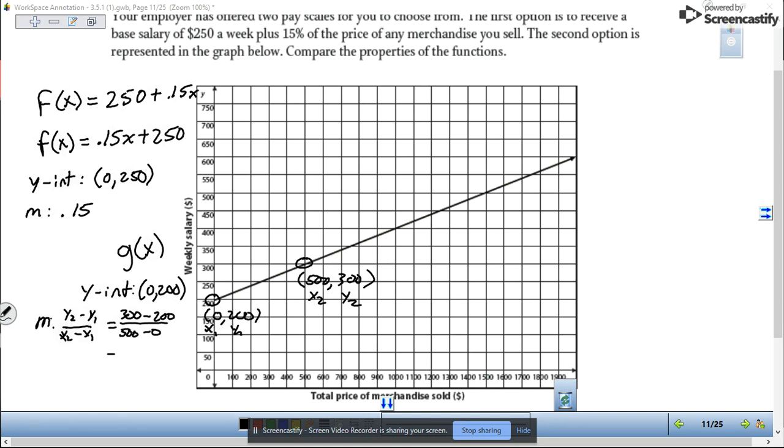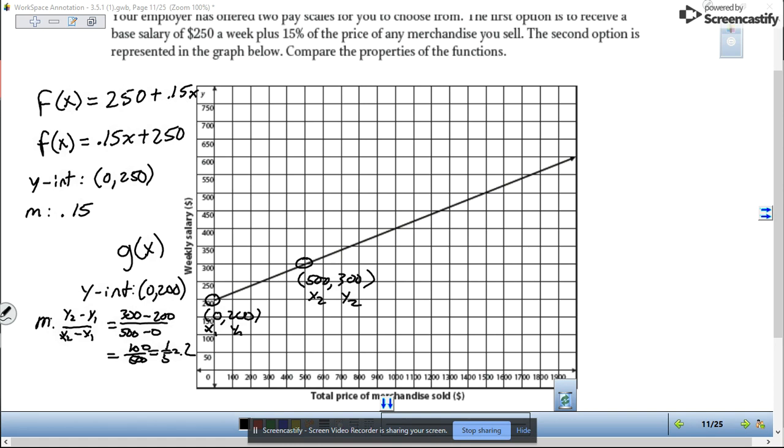So that would give me 100 over 500, which is 1/5, which is also known as 0.2. So to compare those, I'm getting 0.2, which as a percent would be 20% of my sales based on that slope that we had there.